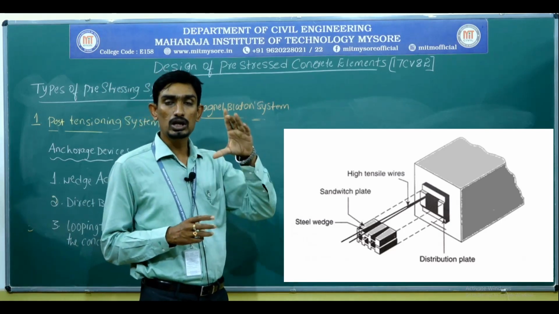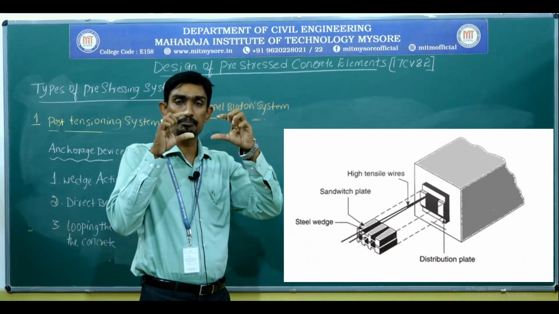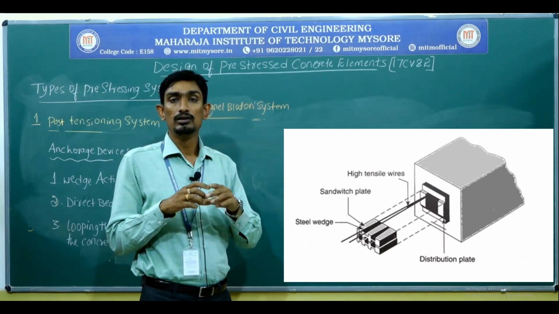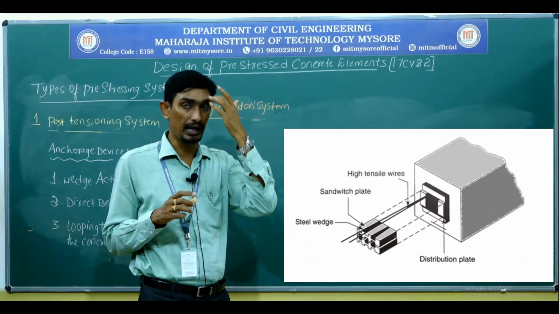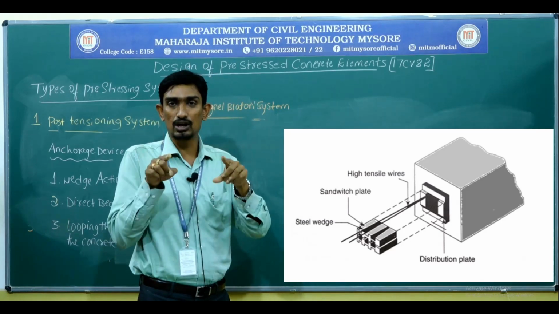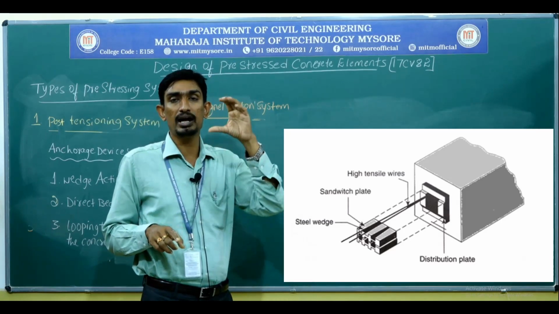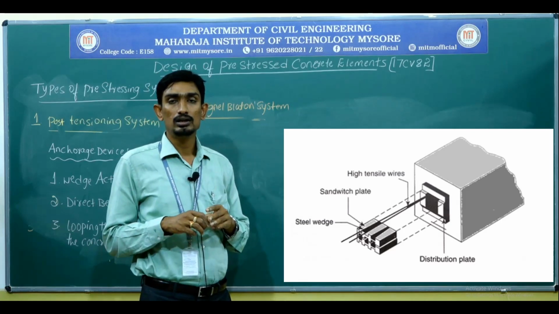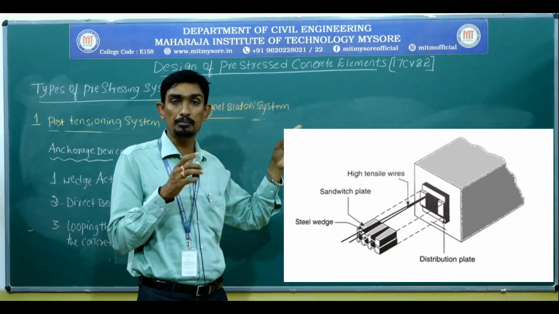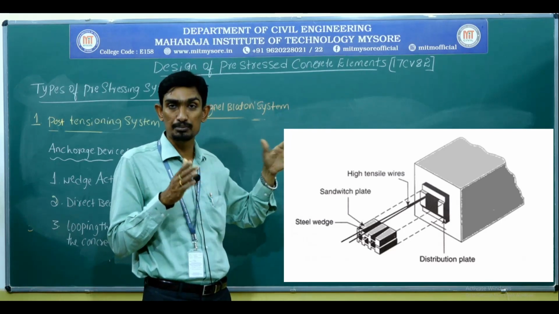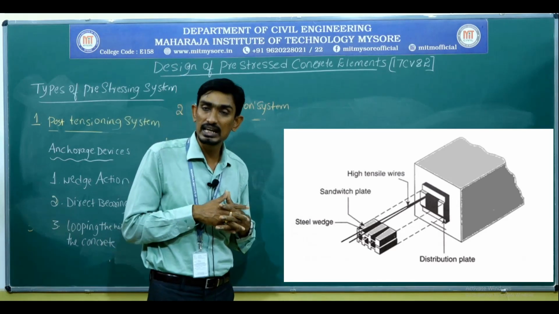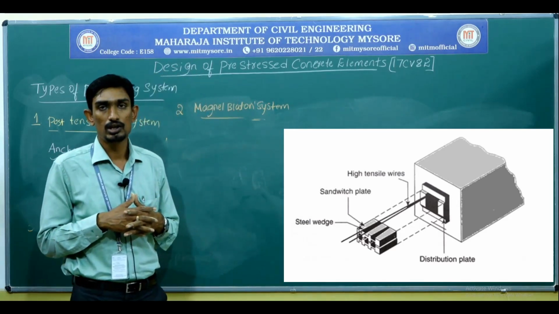One is a distribution plate, which he has cast into the concrete. In a proper design location, that distribution plate will be inserted. Later on, there will be a sandwich plate, and at the end it will have the wedges.